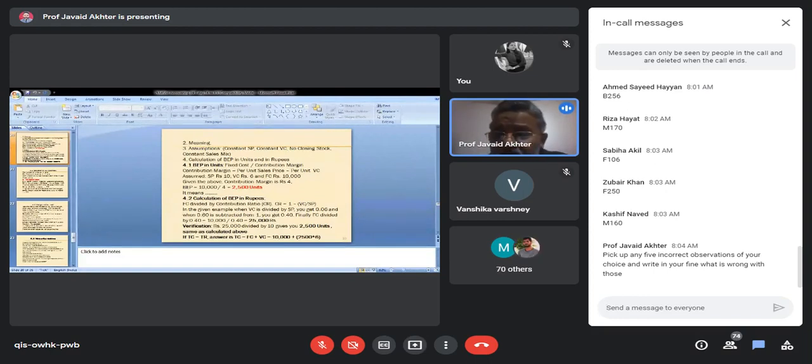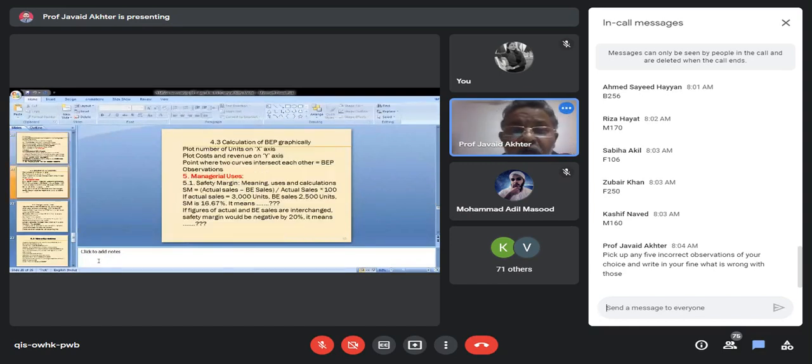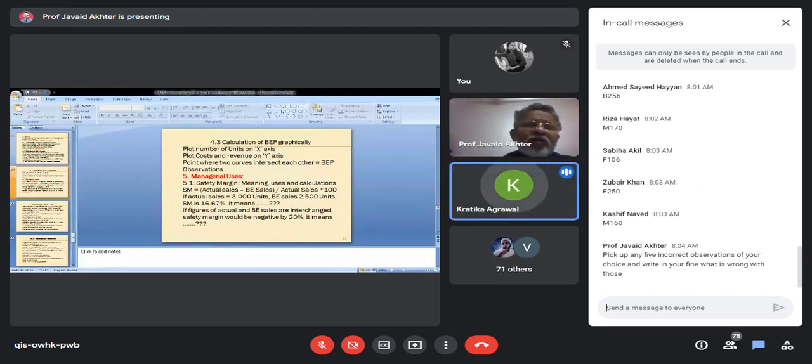So pick any 5 of your choice, and in the file that you are maintaining, note down what is wrong with those assumptions. Why do you think they are incorrect? You can pick serial number 1, 5, 7, 9, 74, any. Naturally, you will ignore the correct ones. So pick any 5 incorrect observations, and note down in your file what was wrong there.